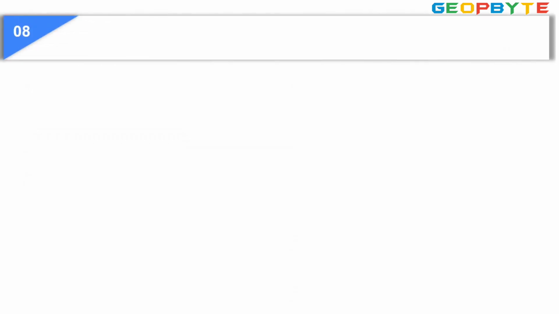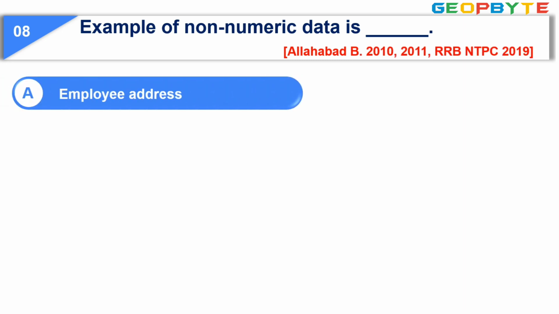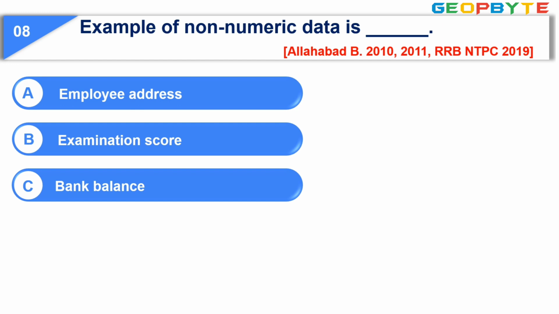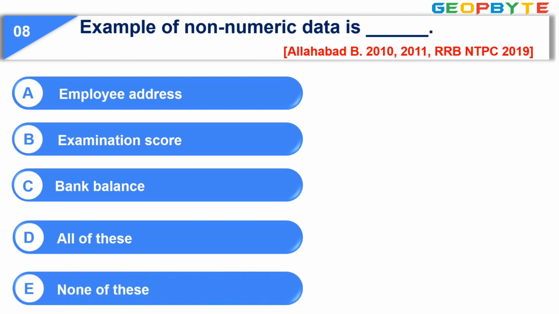Next, moving to question number 8. Example of non-numeric data is dash. Option A, employee address. Option B, examination score. Option C, bank balance. Option D, all of these. Option E, none of these.